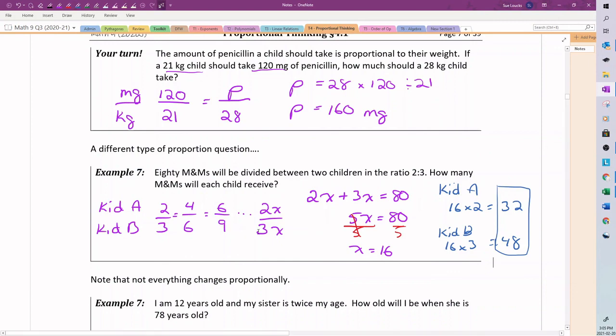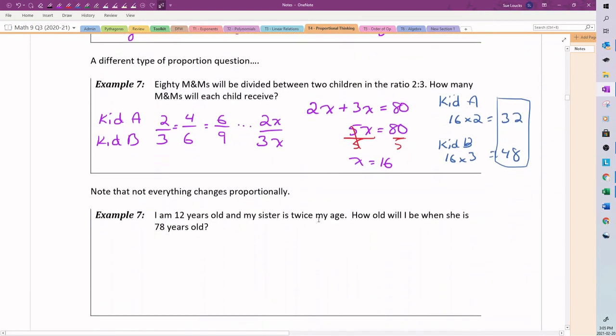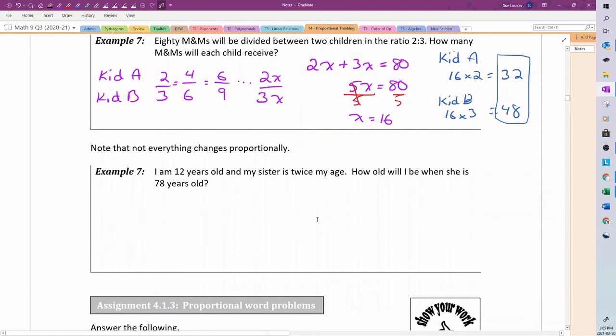Okay, I just want to put an example in here of something that proportion doesn't work for. For example, if I'm 12 years old and my sister's twice my age, how old will I be when she's 78? So if we set this up as a proportion where here's me and here's my sister, and I'm 12 and my sister is twice as old as I am, that means that she's 24, right?